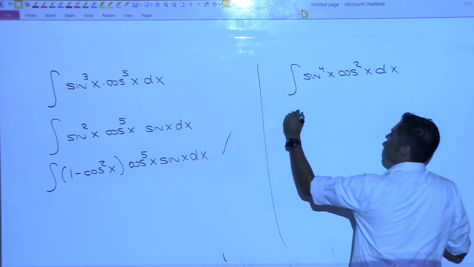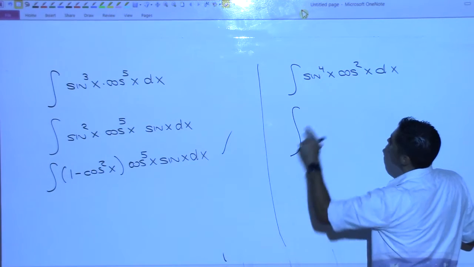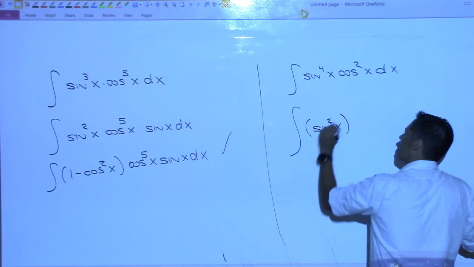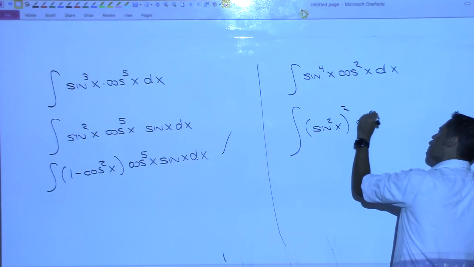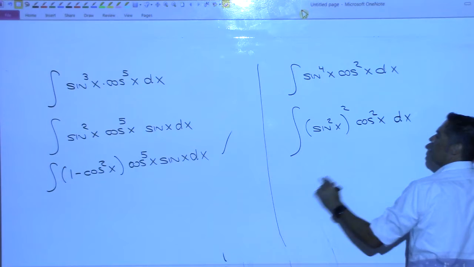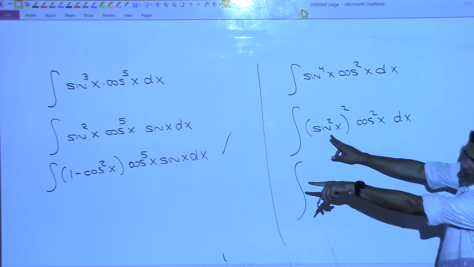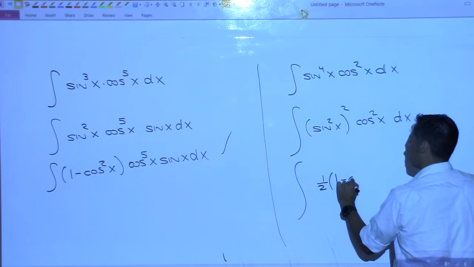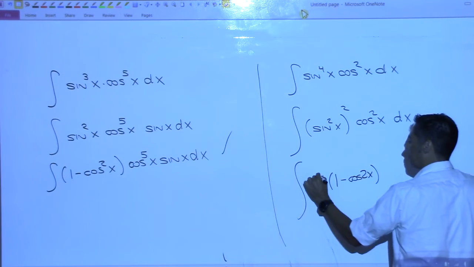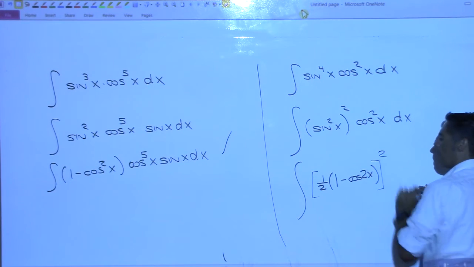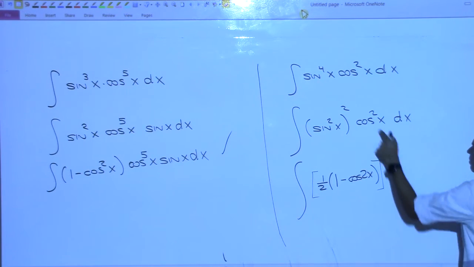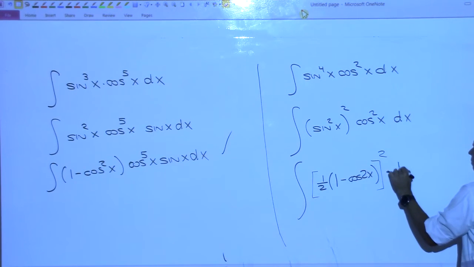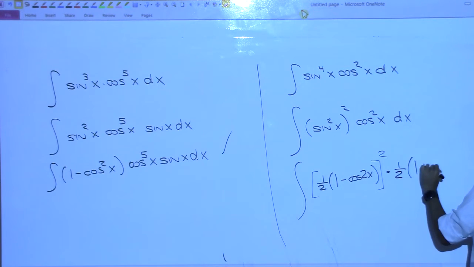So what you could do is take this one right here, sine squared x, and this is cosine squared x, dx. Rewrite sine squared using the one-half times 1 minus cosine 2x, that thing squared, times, using that over there, one-half times 1 plus cosine 2x.